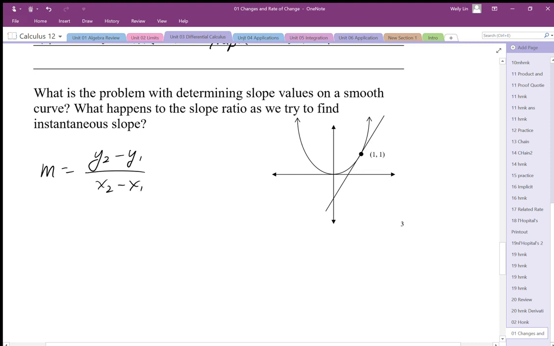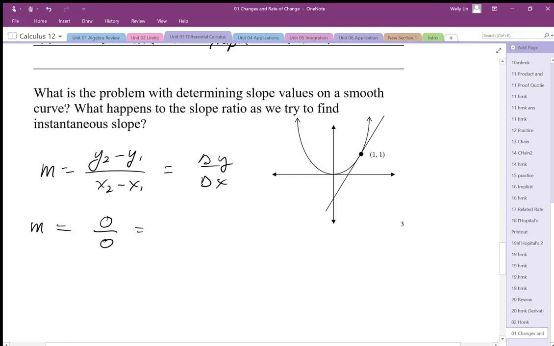To find that slope, y1 and y2 are the same, so the change in y is 0. And the change in x is also going to be 0. So that slope, 0 over 0, in this case looks like it's about, we don't know what it is, but it's actually 2. So how do we get from 0 over 0 to equal 2?